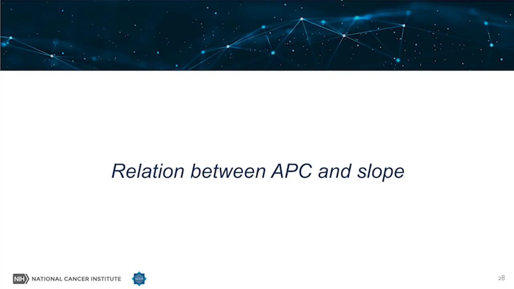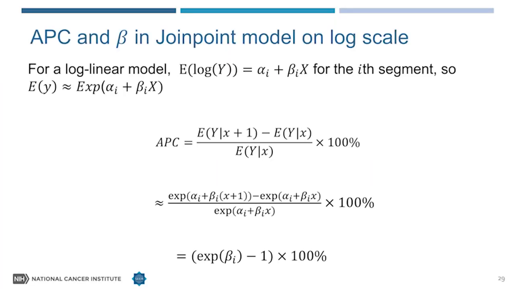We now explain the relation between APC and the slope beta. For a log linear model, the expected value of log of y is equal to alpha i plus beta i x for the ith segment. So the expected value of y is approximately equal to exponential of alpha i plus beta i times x.